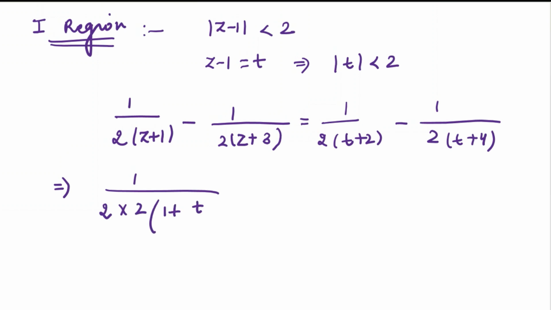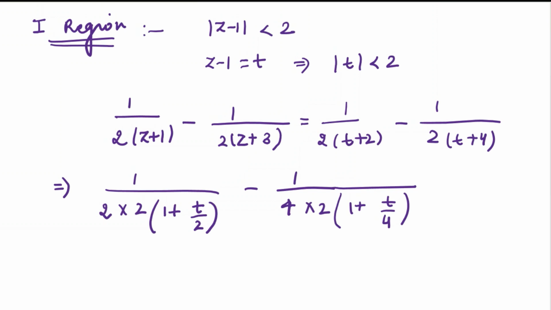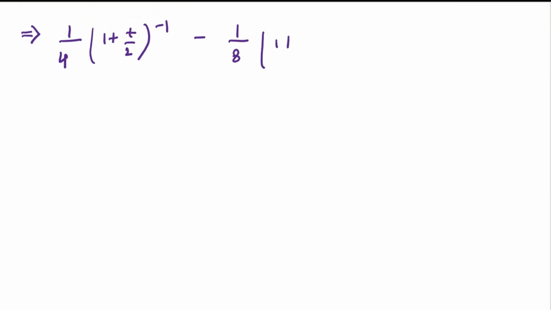So it will be (1 plus t by 2) minus 1 upon 2, and I have taken 4 outside, (1 plus t by 4). Okay. So it will be 1 upon 4 (1 plus t by 2) raised to power minus 1, minus 1 upon 8 (1 plus t by 4) raised to power minus 1.